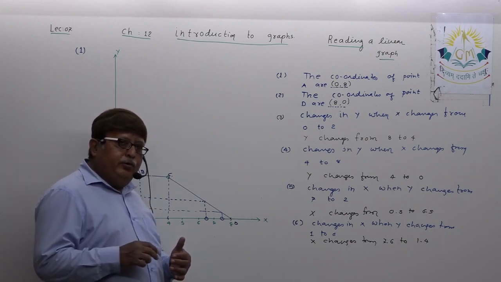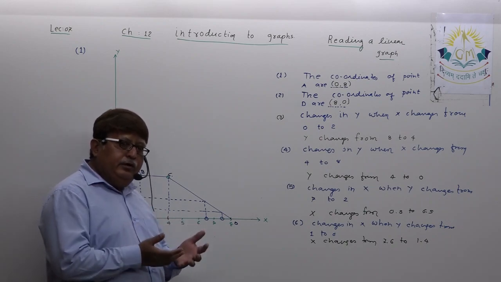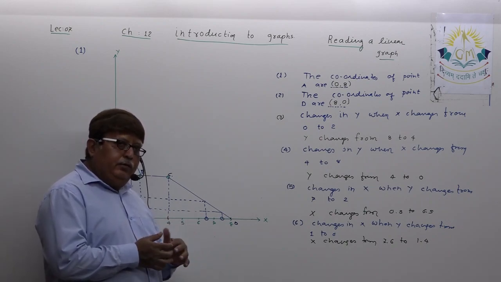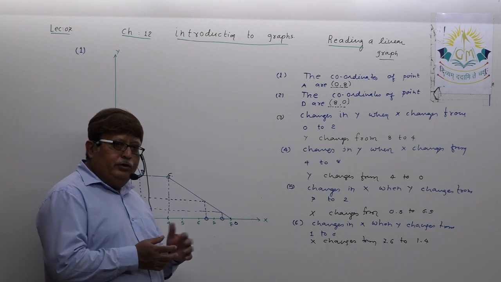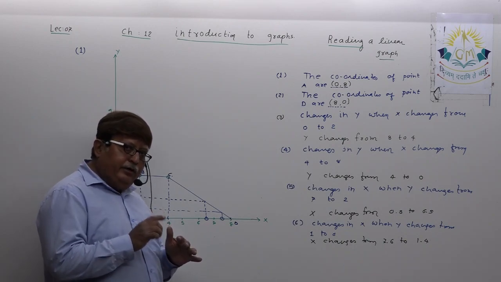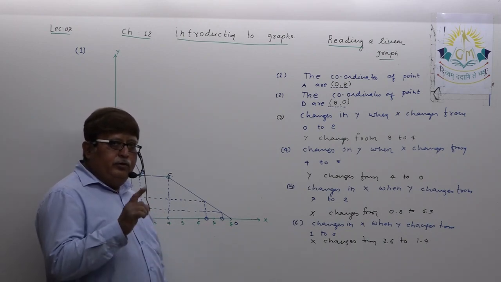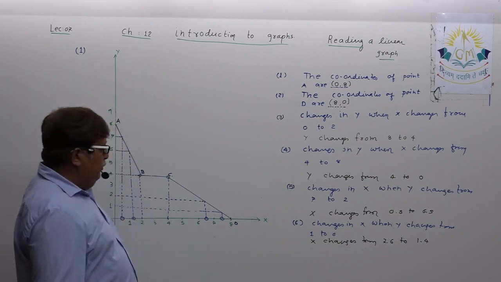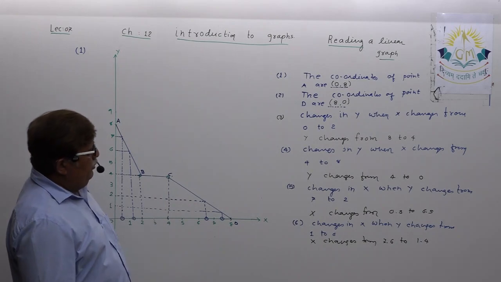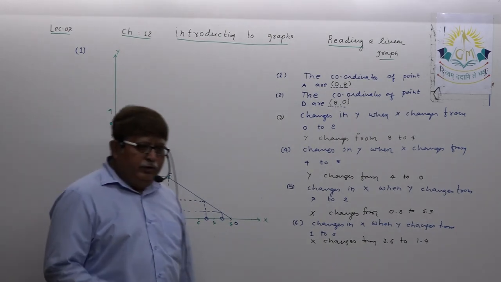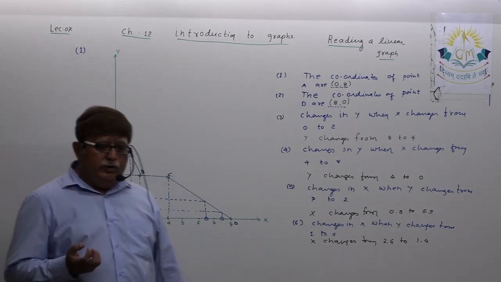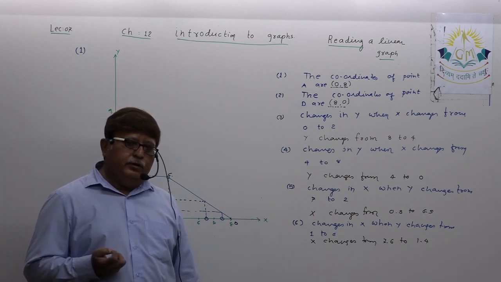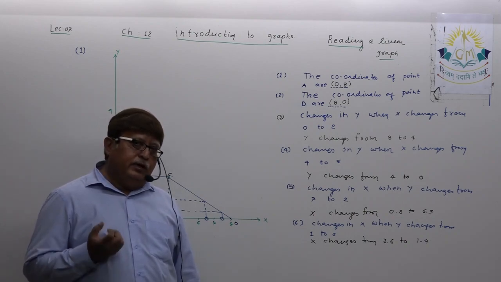As it is important to draw the linear graph, equally it is important to read the data from the given linear graph. Understand? So this is the way you need to develop the skill of reading a particular graph.